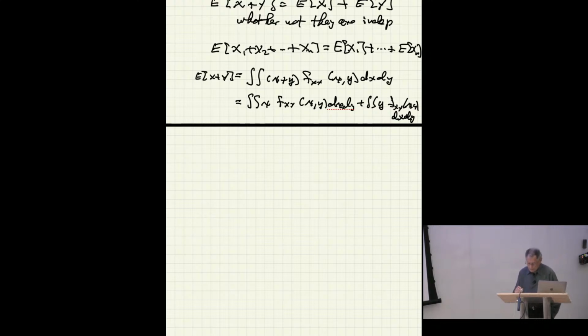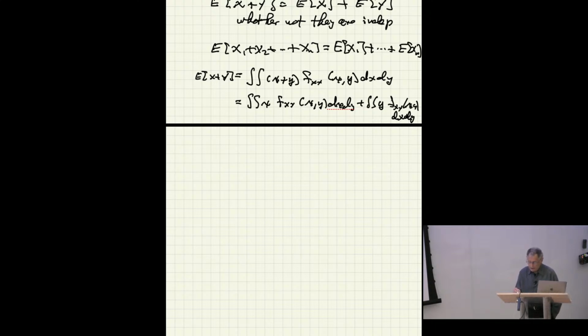Now notice, when I want to integrate on y in this first term, let me point to it carefully. When I want to do this integral on dy, this x is independent of y, it can come out. And I'm integrating f of xy on y. So I'm integrating the whole density on y, so I get 1.